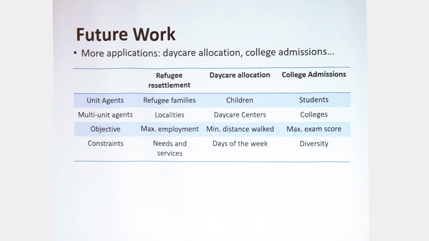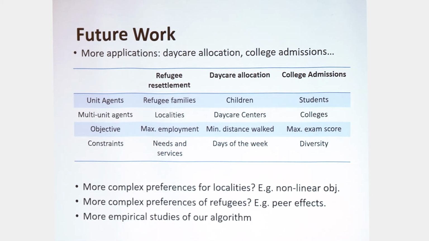And for future work, we would like to find more applications of our model. Right now we have seen that it can be applied in refugee resettlement, daycare allocation, and college admissions. We also would like to consider more complex preferences for localities, for example, a nonlinear objective function instead of a linear objective function.